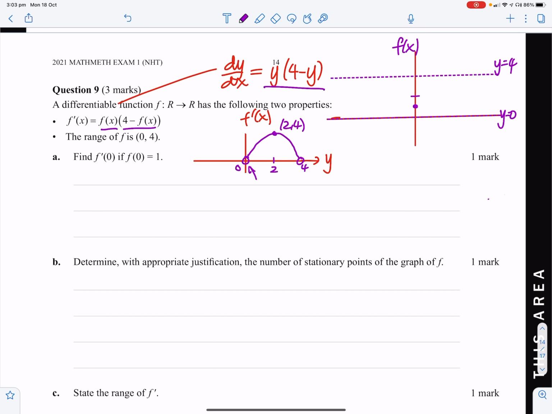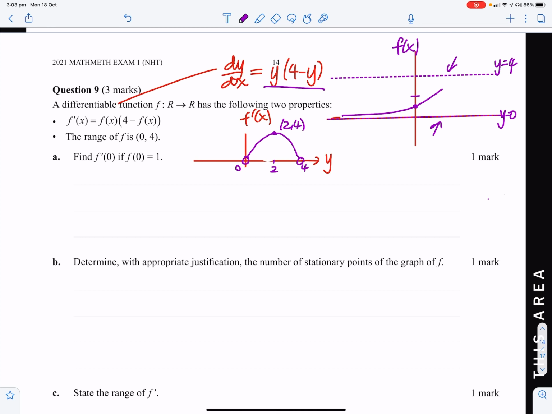Now you might say, why did I make those endpoints open circles? Because we know that's when the gradient equals 0, but in actual fact, the gradient doesn't exist at y equals 0 or y equals 4. So I've sketched the original function. We know here the gradient's positive, increasing.